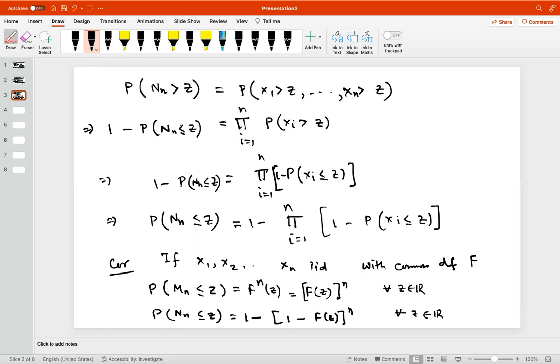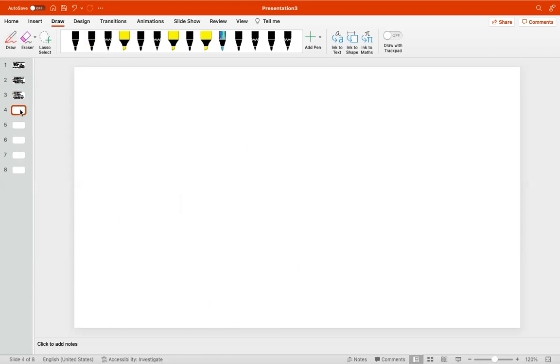And now if there is a density function, if they are continuous random variables, if F is absolutely continuous, then the distribution function is absolutely continuous, and the density function, the PDF, is small f.